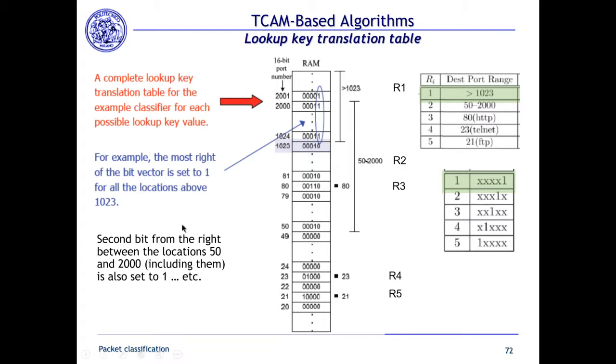Let's assume that we receive a packet with destination port number 79. It will be translated into 00010. Then this value is used to look into the TCAM.